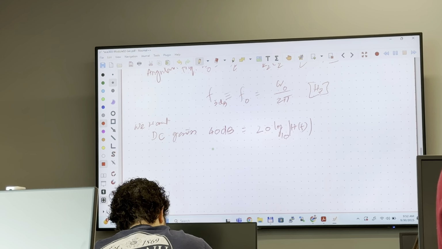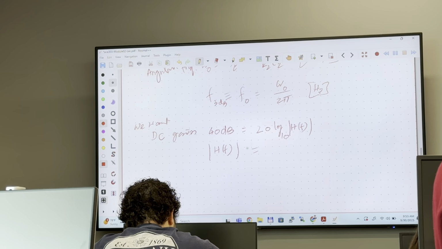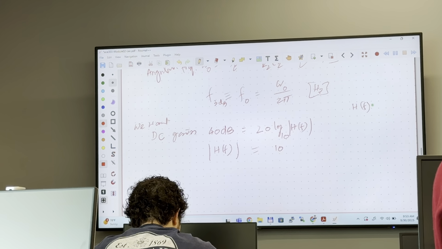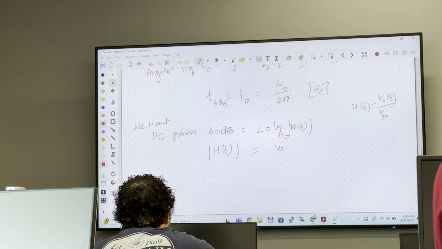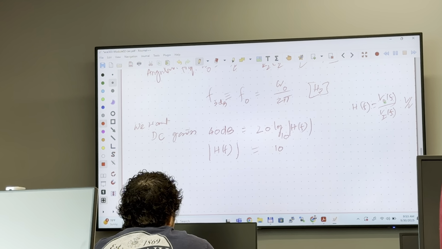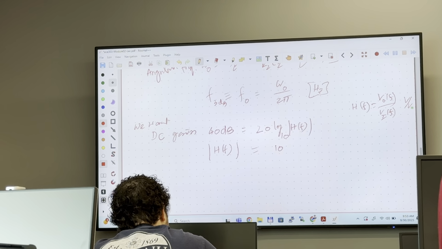By the way, H of f is V out of f over V in of f, output over input as a function of frequency, and the unit is volt over volt.